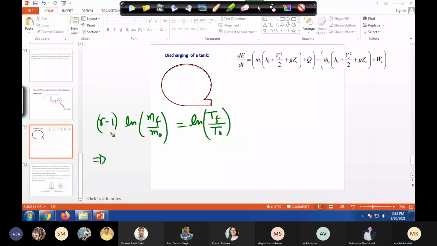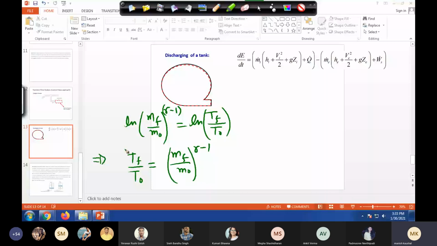So this will go as exponent here, gamma minus 1. So if you want to find out the final temperature, this will be simply Tf by T naught is equal to Mf by M naught to the power gamma minus 1.